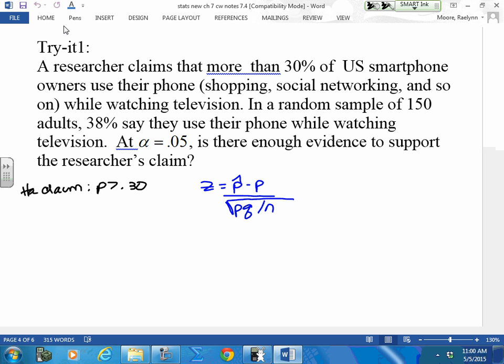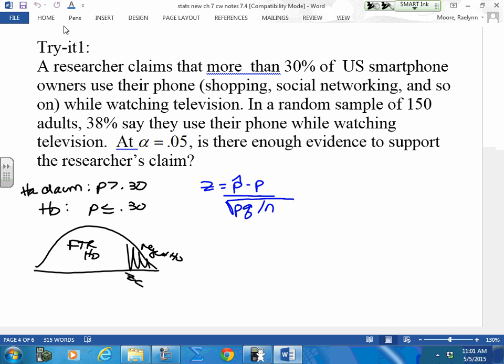Okay, P is greater than 0.30. What's the H0? Good. Okay. Person, what tail test do we have? A one tail? What? A right tail. Okay. So this says reject H0. This says fail to reject H0.